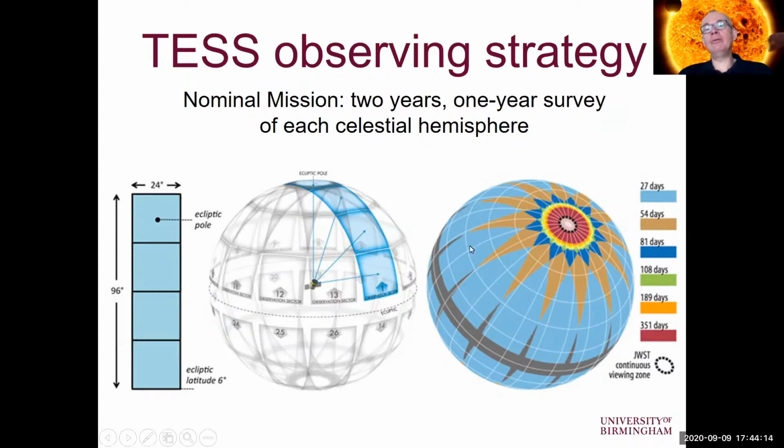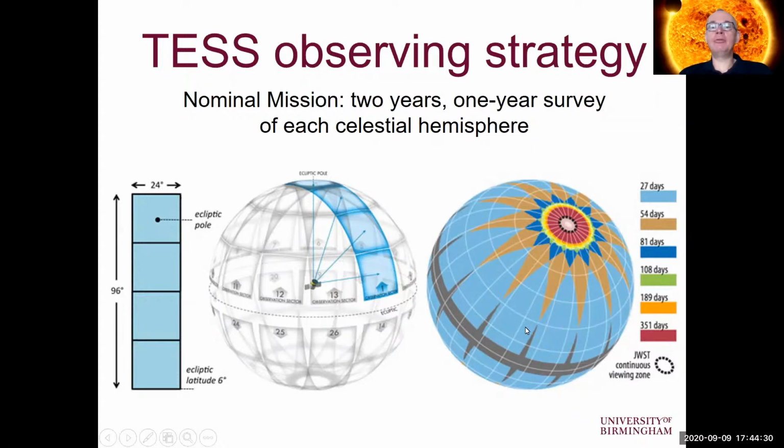The image on the right-hand side shows the coverage of that. So stars close to the poles essentially get observed for the entire year. It's actually 351 days.